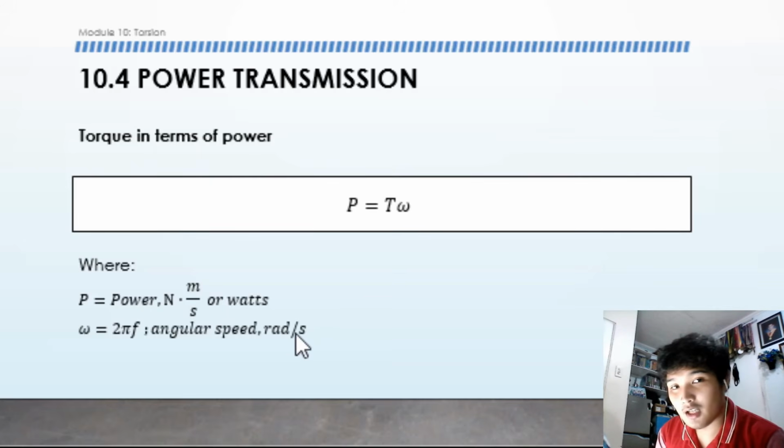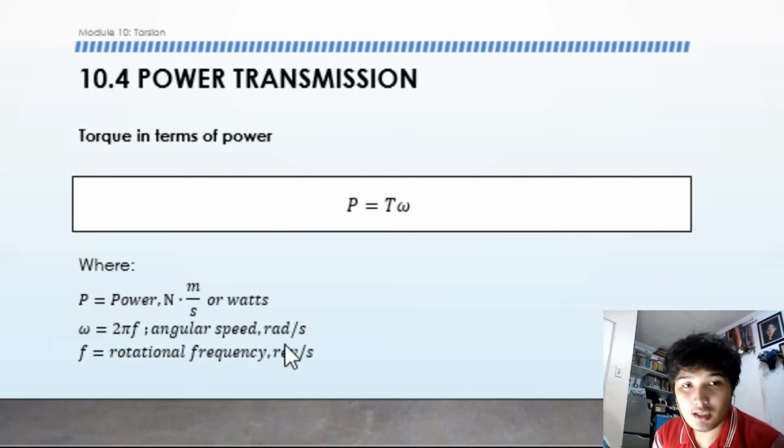Okay, so kadalasang class hindi binibigay directly yung angular speed. Ang binibigay class is itong rotational frequency f na to. Okay, so para ma-solve yung angular speed in terms of f, so that is just 2 pi times the f. Okay, so yan. That f is the rotational frequency in revolutions per second. Okay?